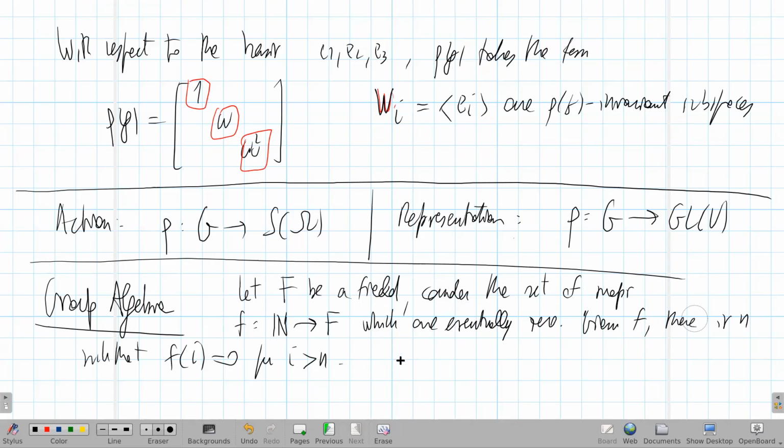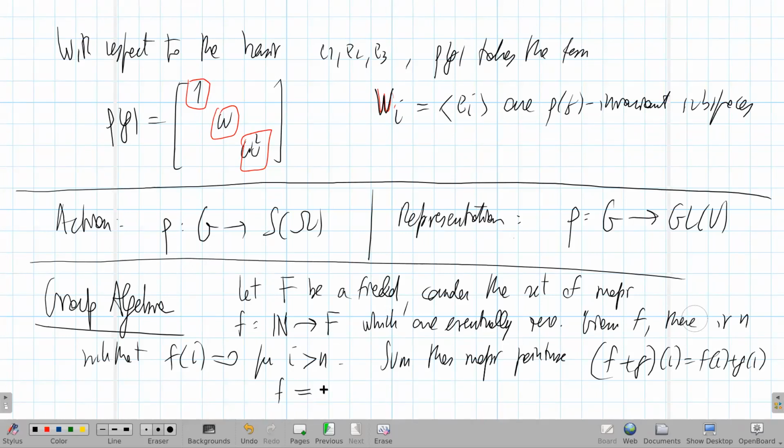And then you sum these maps pointwise. So this means that (f+g)(i) is just f(i) plus g(i), which means essentially that you can represent f through a sequence or a vector of its values, f0, f1, f2, and so on. And so you sum these vectors. And then how do you multiply them?